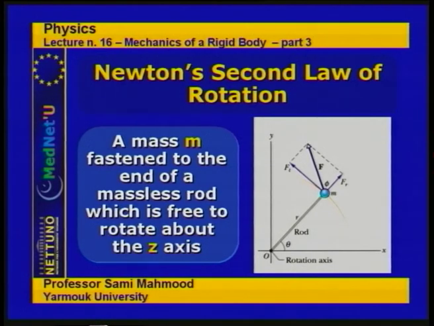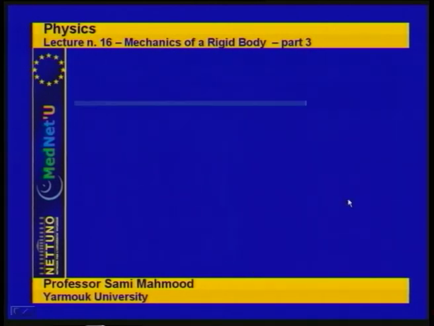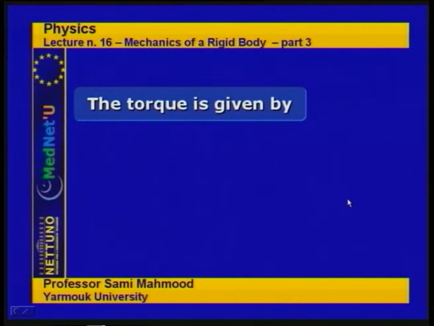And F sub t is perpendicular to the position vector, or to the perpendicular distance between the point of action and the axis of rotation. And thus now we are ready to derive the torque acting on this object.